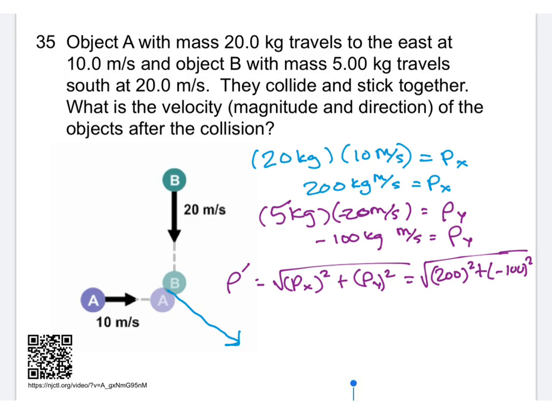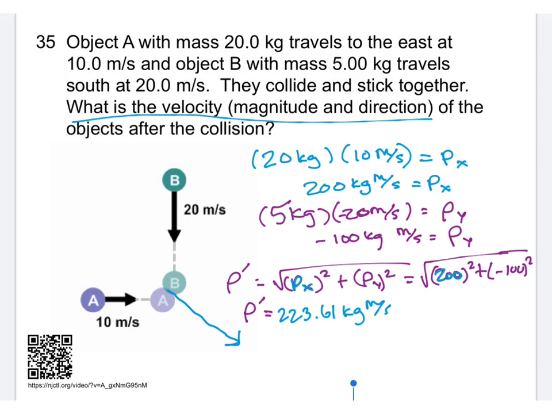Can anyone get us a number on that? 223.61 kilogram meters per second. Okay. So what was the question? What is the velocity, magnitude, and direction?